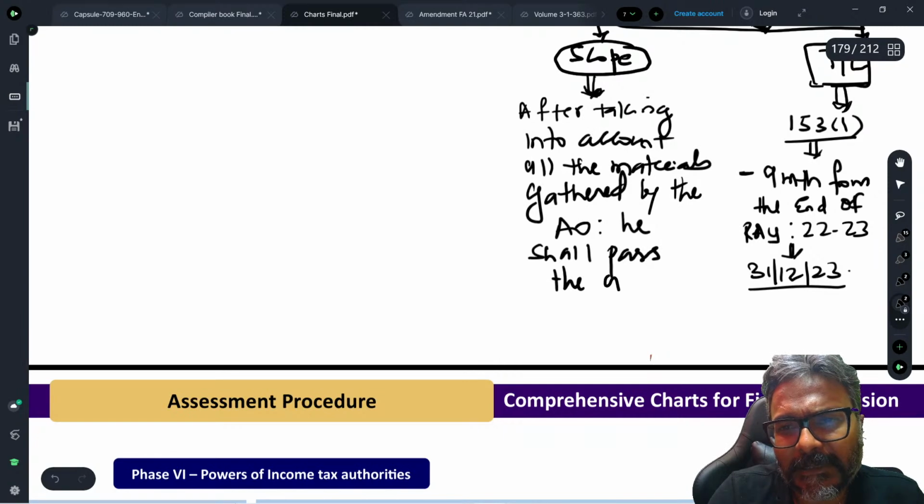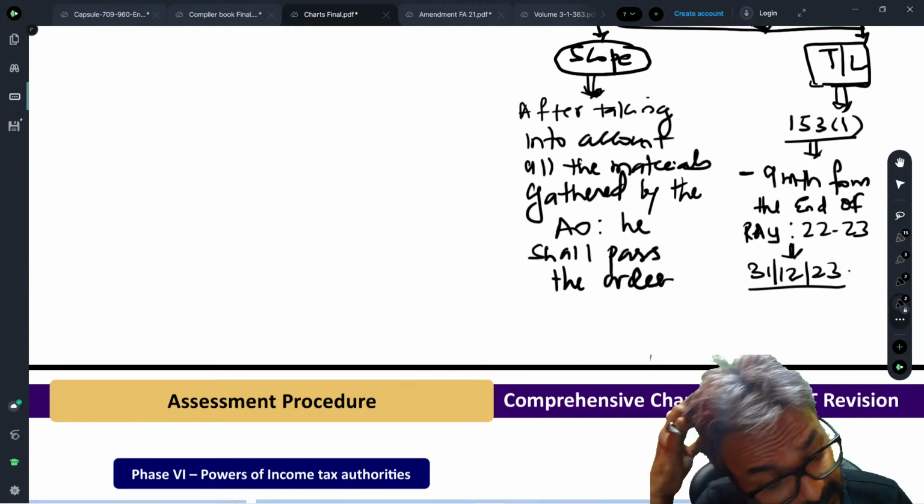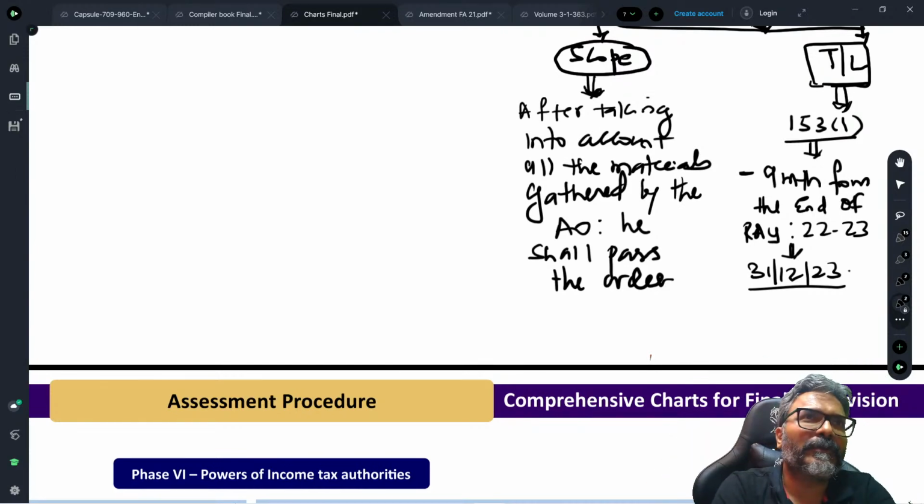By the way, students, I'll prove it. Just give me a minute's time. I'll just prove this thing which I've just written for all of you. So after taking into account all the materials gathered by the AO, he shall pass the order, students. Did you all get this one? He shall pass the order. Now over here, students, what is a more important point?